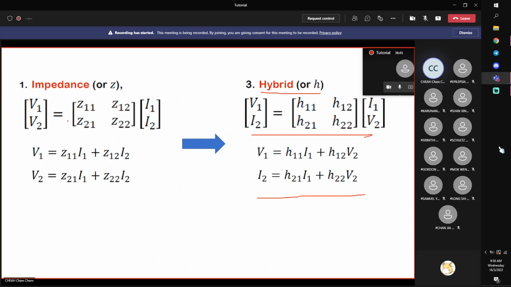Now, let us look at how we can convert impedance form to hybrid form. The first thing you need to do is to compare the models and look for one model, if possible, with all the same parameters. For example, by comparing the last two, you will see that they all consist of V2, and then you have I1.